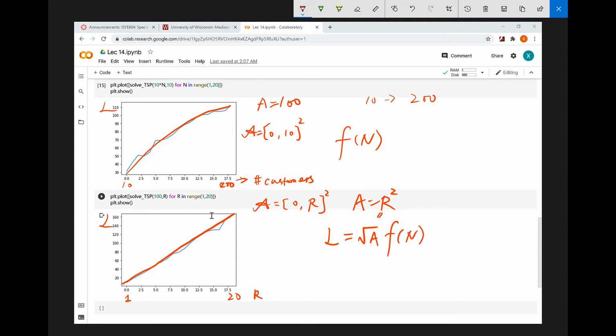The shape of f of n looks like this curve, and our intuition tells us this is somewhat a square root. So we will guess L equals square root of A times square root of n multiplied by some factor.